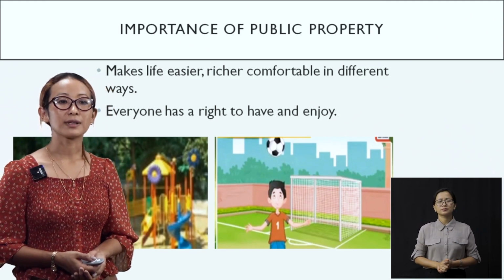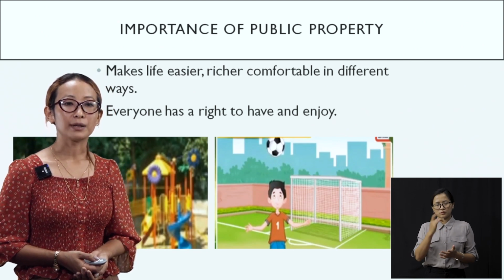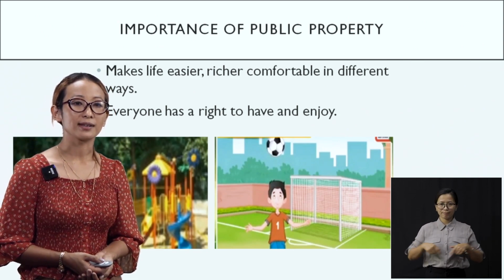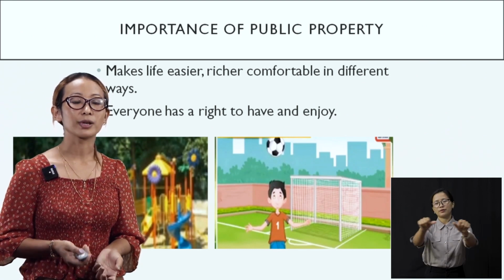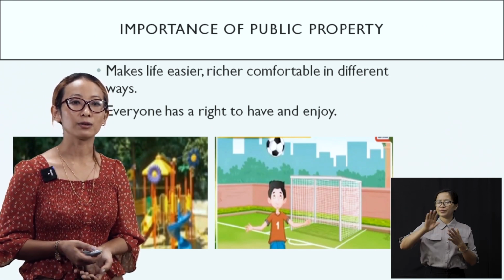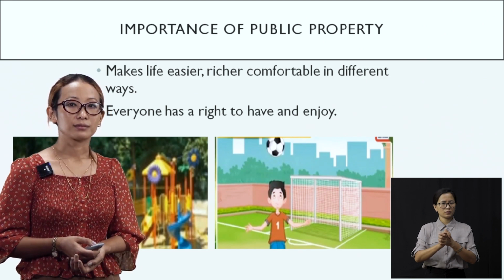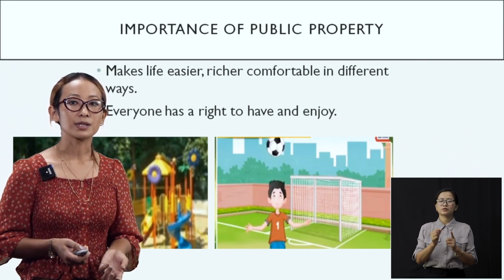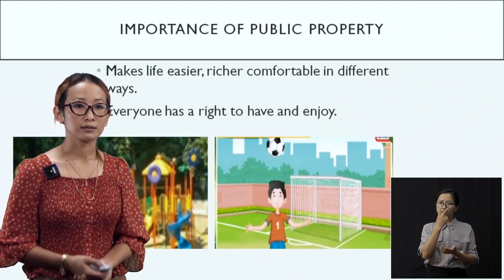Or whenever we feel like going and having fun in a park, a park is such a big area, and it is the place where we can go and have fun along with our friends. So it makes our life easy through the parks which are maintained by the public.